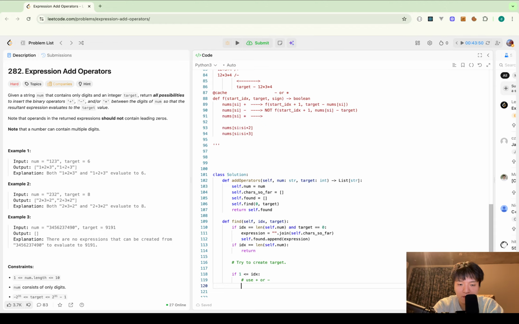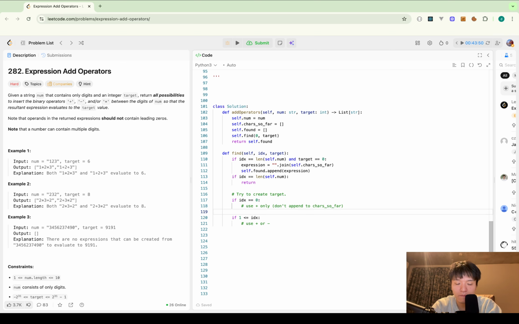So if index is equal to 0, I can use plus only, and I don't append this to child software. So if index is 0, operator should be plus. But if index is 1 or larger, I can choose plus or minus.